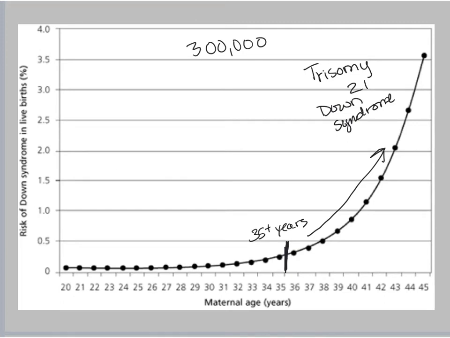And when that cellular machinery fails, at the 21st chromosome, there should be, under normal circumstances, two. One 21st chromosome from mom and one 21st chromosome from dad.